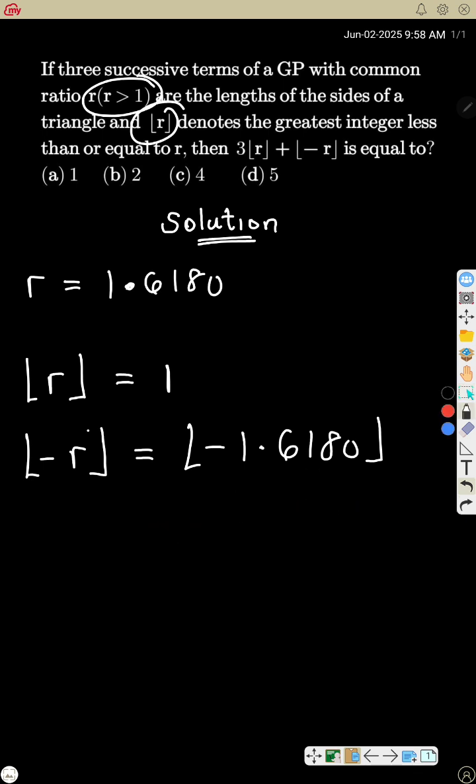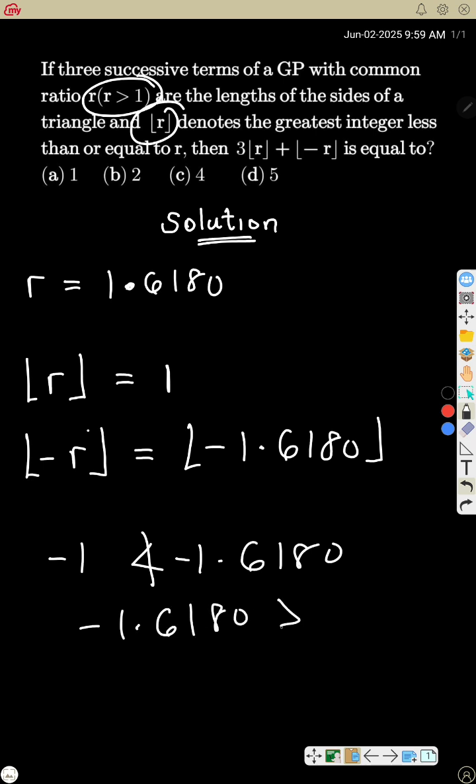So here we can say 1 is less than this because it's a positive number. But if it is a negative number, minus 1 is not less than minus 1.618. In inequalities, minus 1.618 is less than minus 1 for negative.